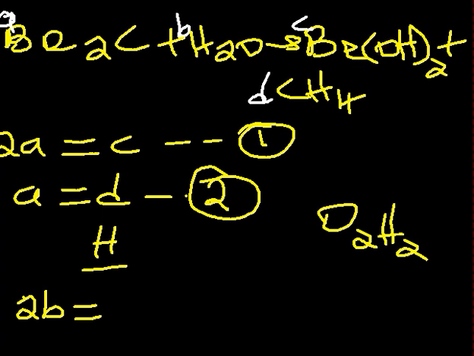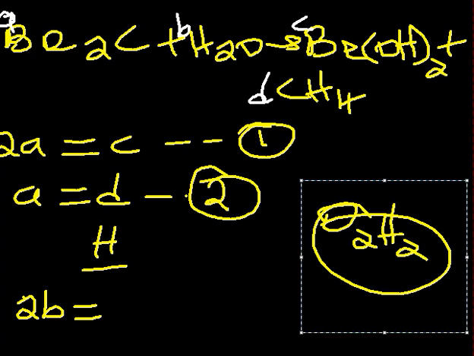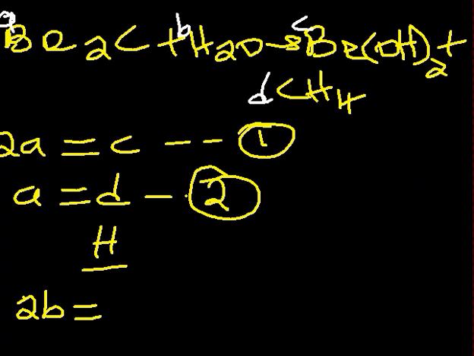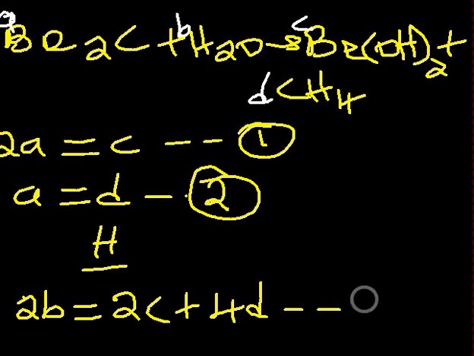But what it means is that it is the same as this. Then in this case, we have 2 actual hydrogen atoms, so we have 2 times C, that is 2C. Then for this case, we have 4 hydrogen atoms, so plus 4D. This is equation number 3.